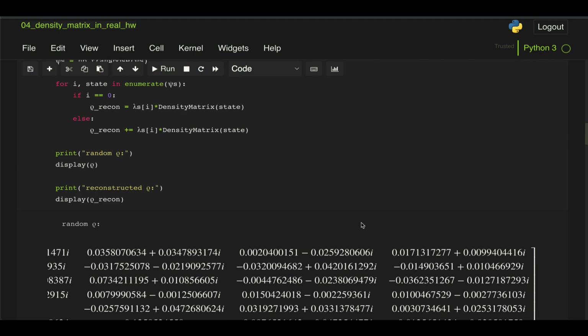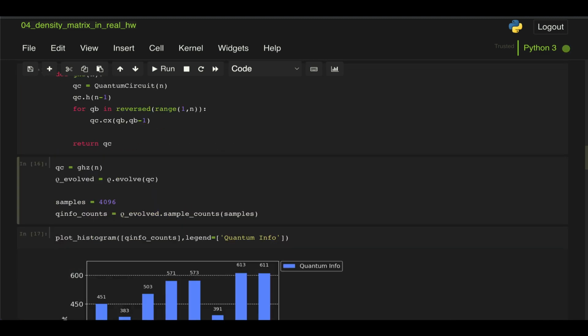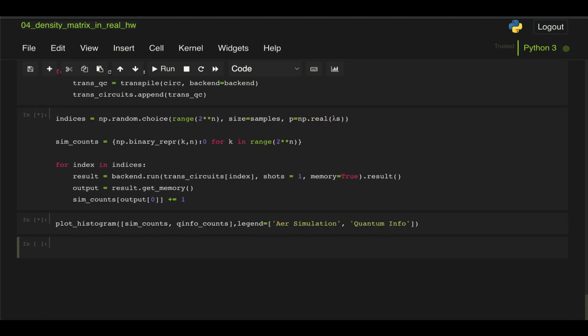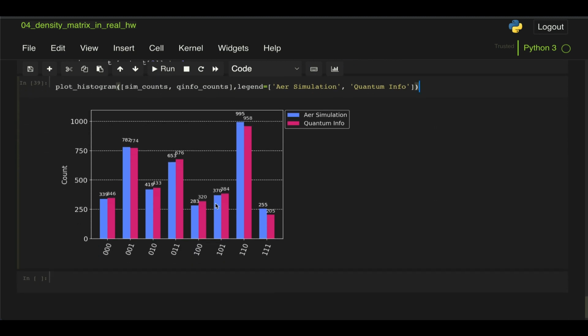And we can go back up here and rerun this so we get a completely different density matrix. Run all the cells again. And here we can see that the results are different, but for the ideal simulation and our quantum info simulation, the results are very similar to each other.